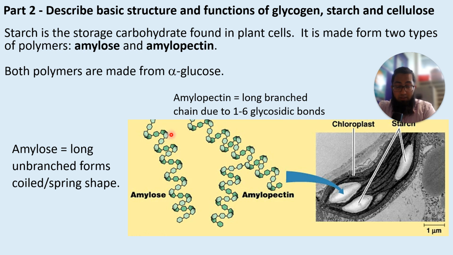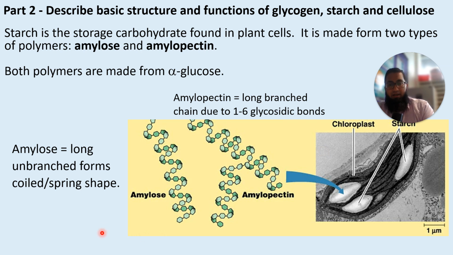There's no branches coming out. It's like it's coiled, but it's not branched. So it's got 1,4 and it does not have 1,6 glycosidic bond. Both of these together, they make starch. And also, don't forget, all of these sugar molecules, all of these monomers, these individual glucose, are they alpha or beta? All of them are alpha.